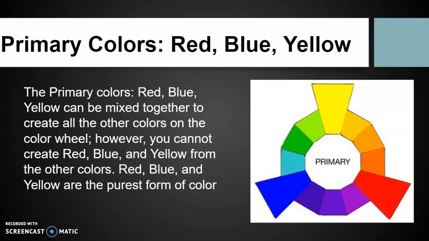Okay, so you have primary colors. Primary colors are what you need to mix every other color. Primary: red, blue, and yellow. You can't make those colors. You have to have those to create everything else that is in between.